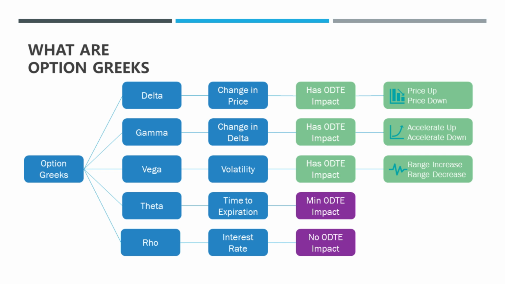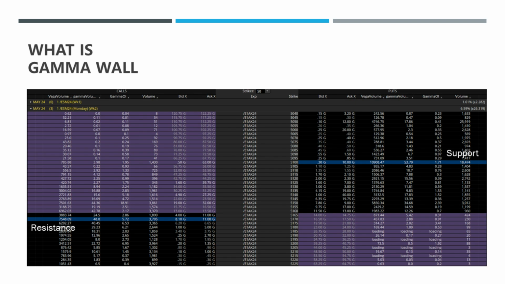That may help you to visualize and simplify the Greeks in terms of the price changes relative to what the option value is. All right, so to understand zero DTE, we should first understand what a gamma wall is, right? Typically, most of the traders in options are option sellers. As a seller, your goal is to be profitable, and you are selling based on the support and resistance levels of the stocks.